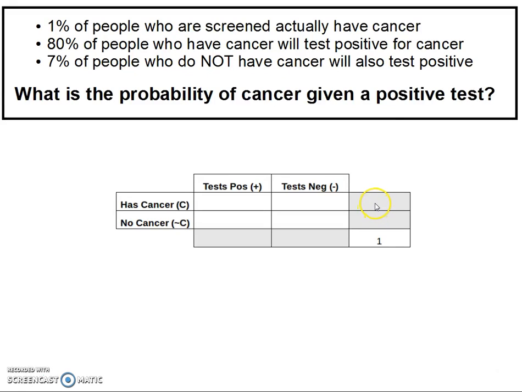One will actually have cancer. But if 1% of people have cancer, what percent of people have no cancer? We know they have to add up to 100%, so 1% plus 99% equals 100%. So we have this. 80% of people who have cancer will test positive.